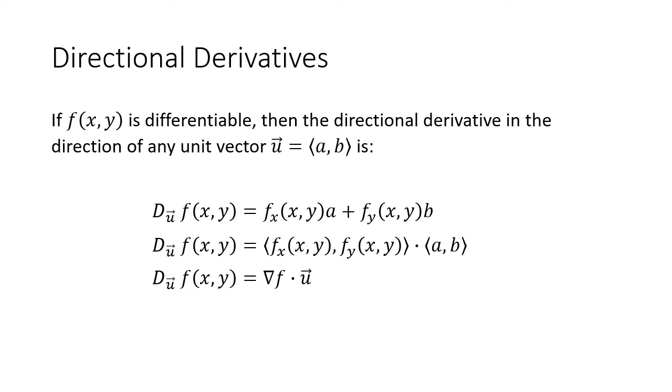But let's go back to directional derivatives for a minute. Now, if my function is differentiable, then we saw earlier that the directional derivative is going to be in the direction of some unit vector, u, given by a, b, and we had our formula. Well, my formula is a sum of products, which means I can rewrite it as a dot product.